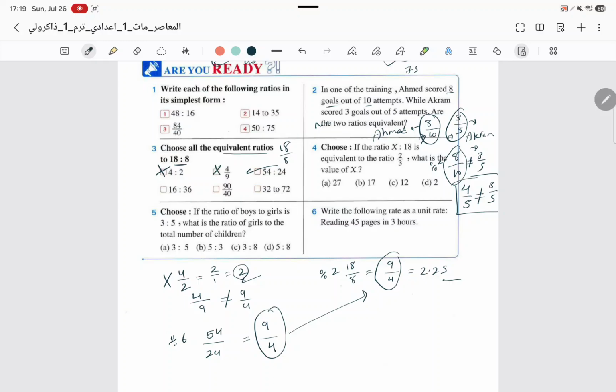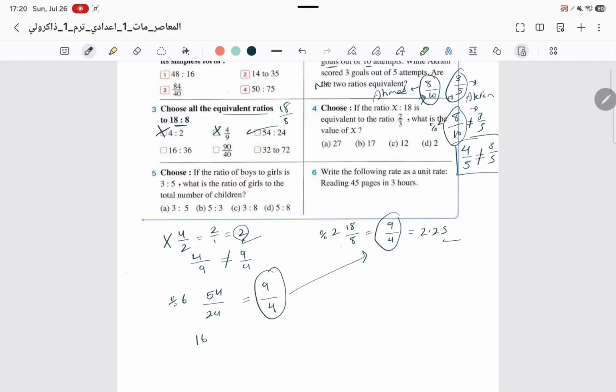The fourth one, which is 16 over 36, we can divide both by 4, for example. So we get 16 over 4, which is 4, and 36 over 4, which is 9. So that's 4 over 9, not equal to 9 over 4. So that one is wrong as well.